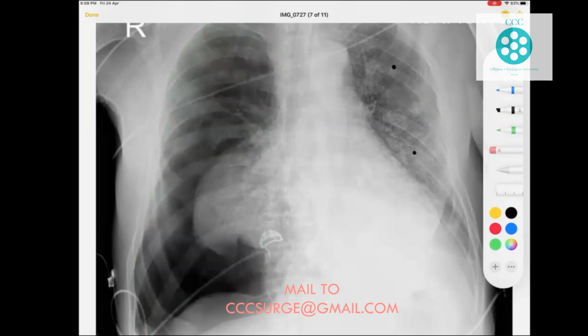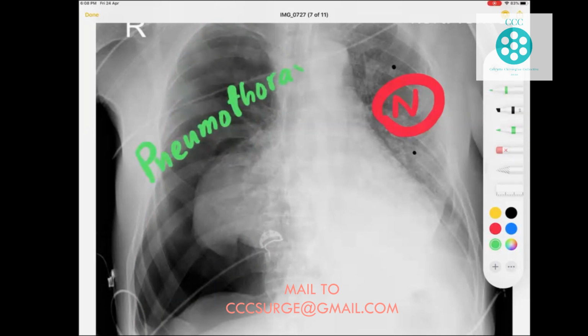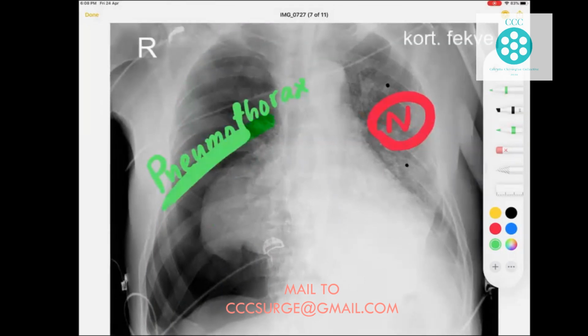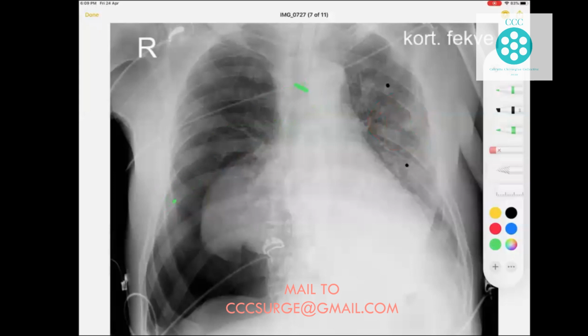This one is the normal appearance. This is abnormal, and this condition in which there is air in the pleural cavity is called pneumothorax. So I have taught you pneumothorax. What is pneumothorax? Air in the pleural cavity.